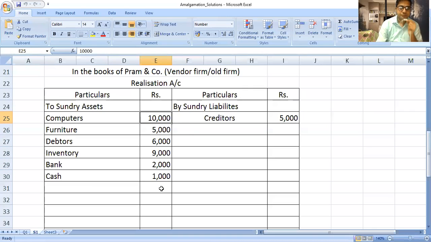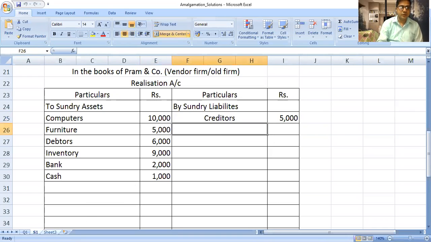Then friends, next entry in our notes, if you see, the second entry in the amalgamation is to transfer the liabilities to realization account at book value. The entry will be sundry liabilities account debit to realization. Now this particular entry we have to write.